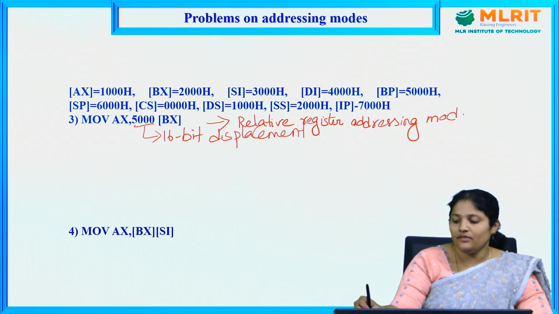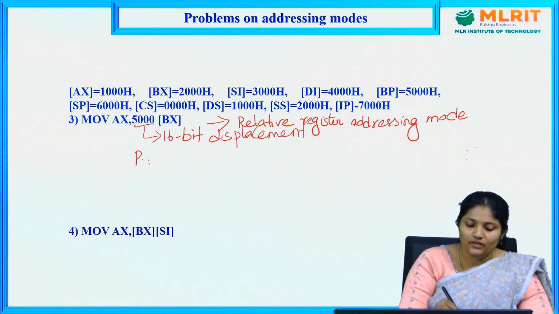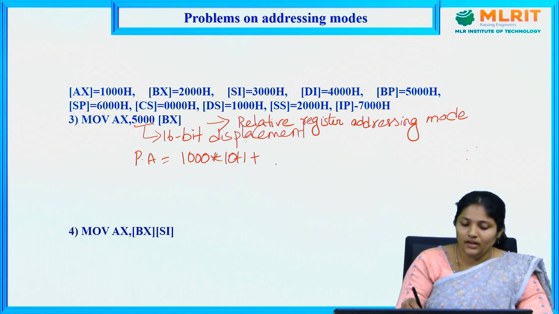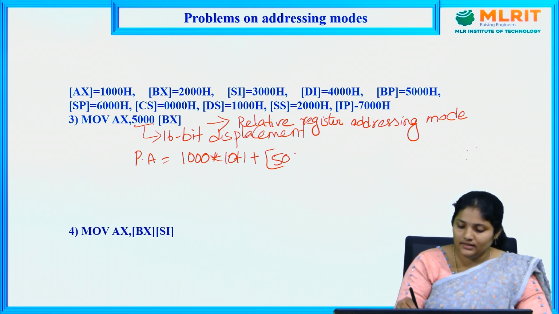In this addressing mode, the displacement will be directly added to the address which is present in the BX register. So how will we calculate the physical address? Data segment multiplied with 10H, plus the 16-bit displacement directly given, like 5000, plus the data present in BX.